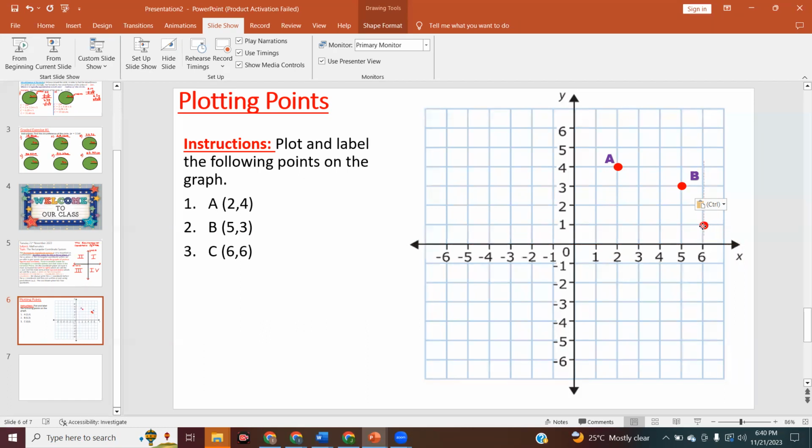It's going to be 1, 2, 3, 4, 5, and 6. Make sense? So it's going to be 6 up there. Good. So what are we going to label it? We're going to label it C. Good.